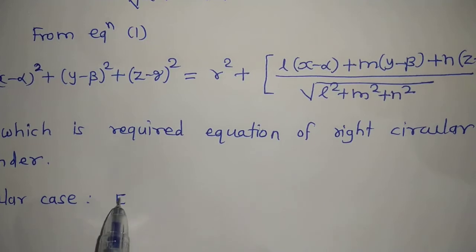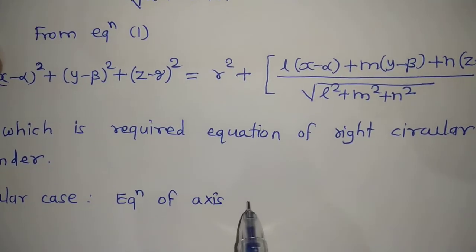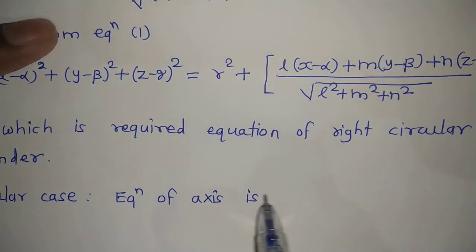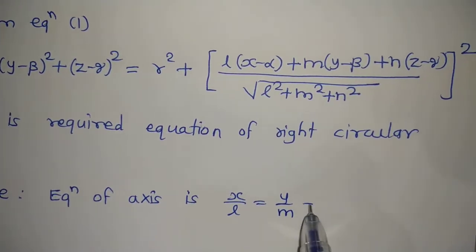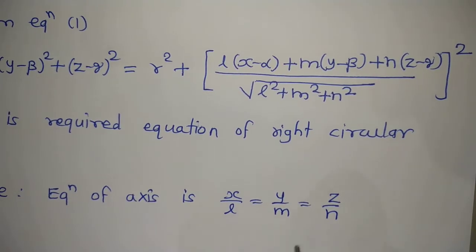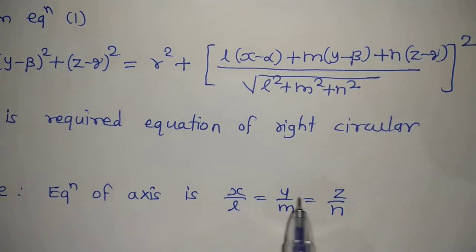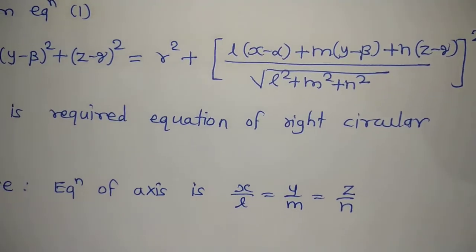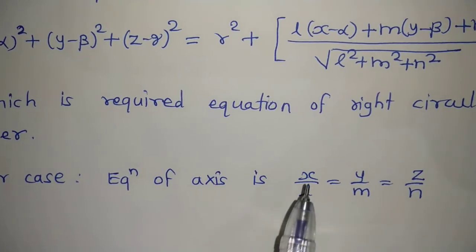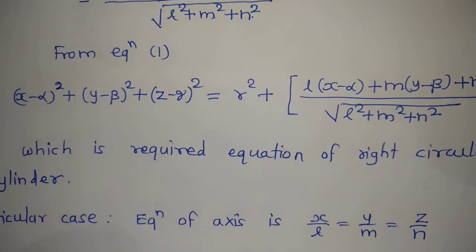It means the equation of the axis is x/L = y/M = z/N. This is the equation of the line which passes through 0, 0, 0 and has direction ratios L, M, N. So alpha is 0, beta is 0, gamma is 0.